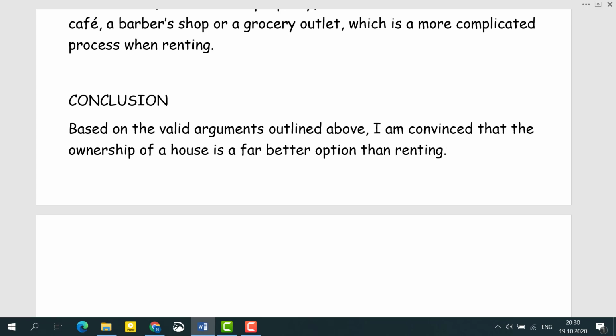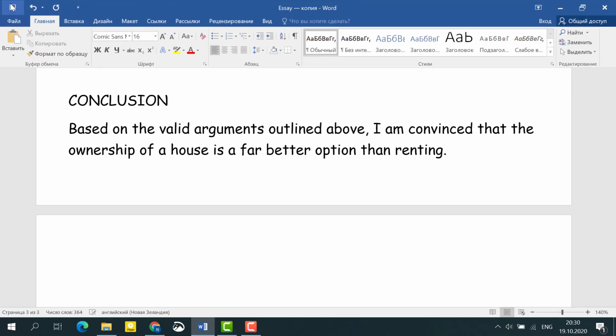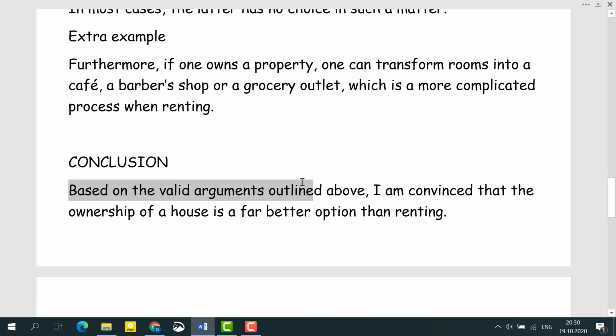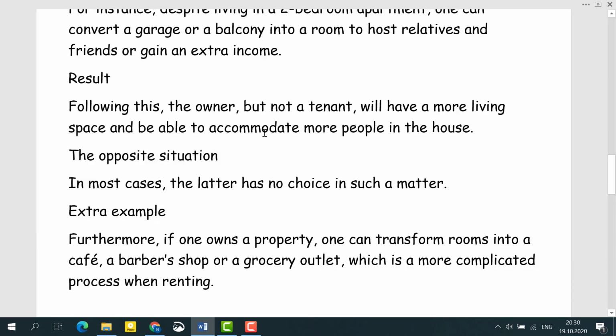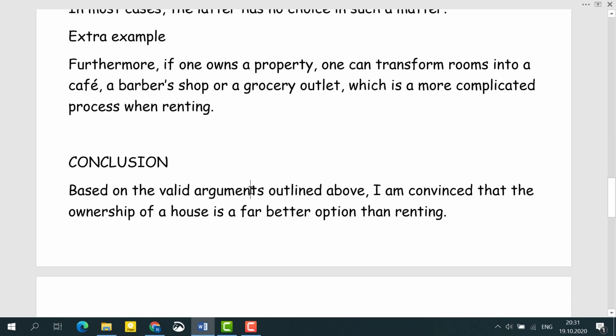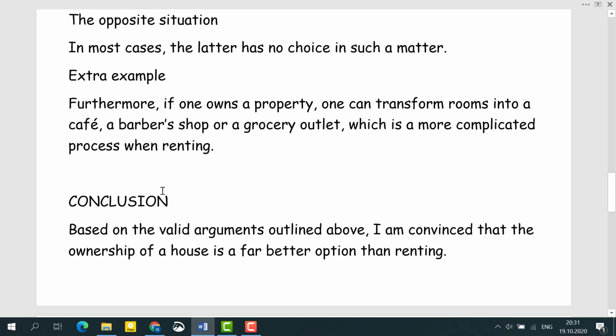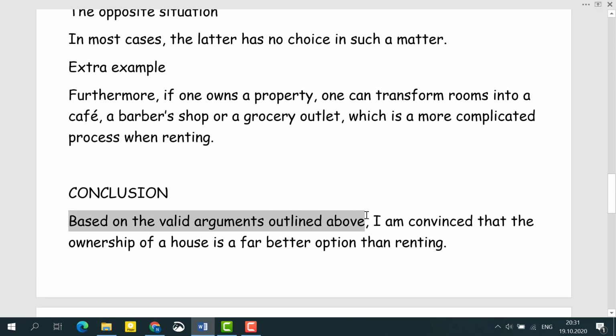Here we go. So based on the valid arguments outlined above. So what am I doing? I'm referring back. So the examiner, if you want to remember what kind of arguments I have mentioned, go back to my previous paragraphs and read them. So this referencing can definitely help me to boost my score.